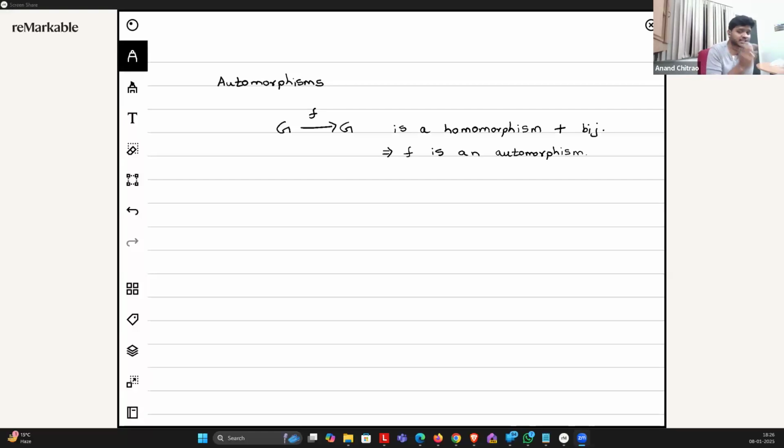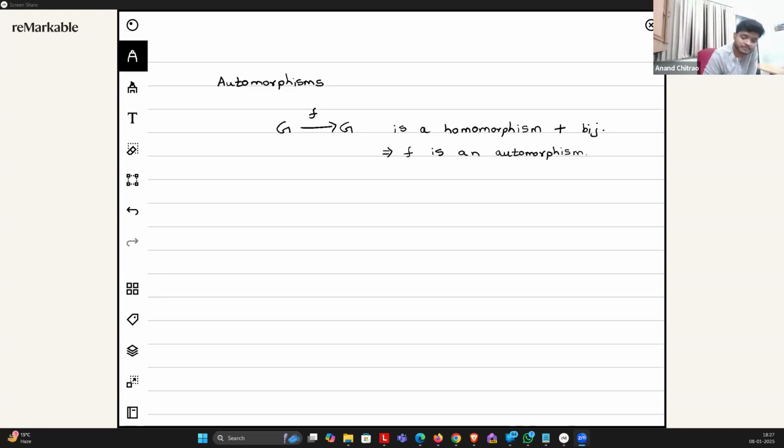So what are some examples of automorphisms? Some interesting ones. Don't say identity. f of x equals minus x.